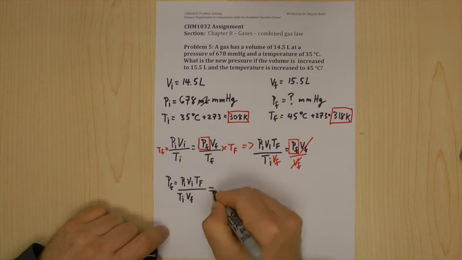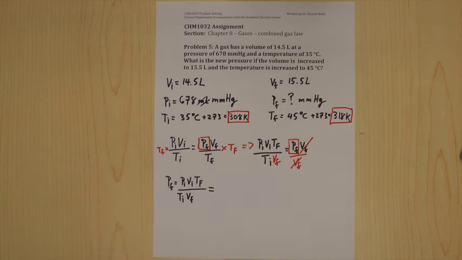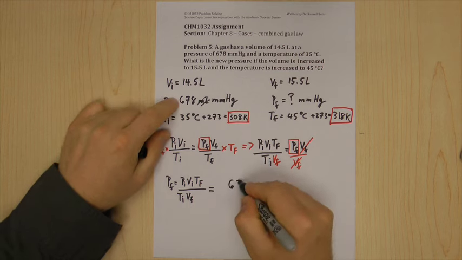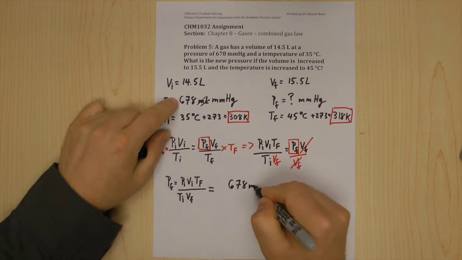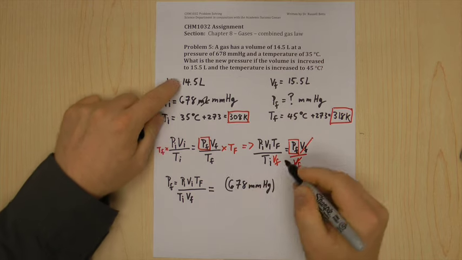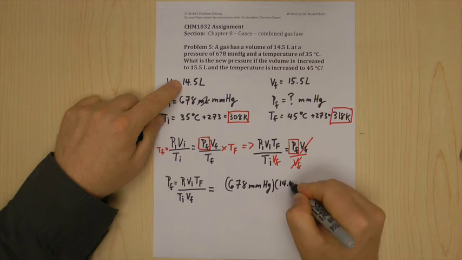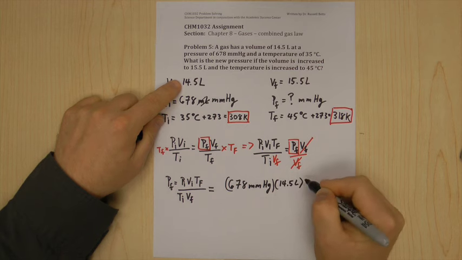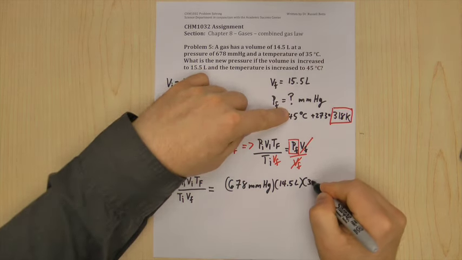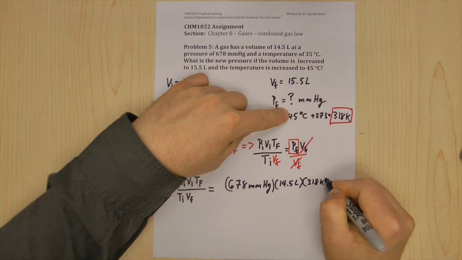Now the hardest part about the combined gas law questions is making sure you don't make a mistake with where you put your numbers. So just be hyper vigilant on these questions. PI is 678 millimeters, multiplied by VI, 14.5 liters, multiplied by TF, which is over here, 318 Kelvin.